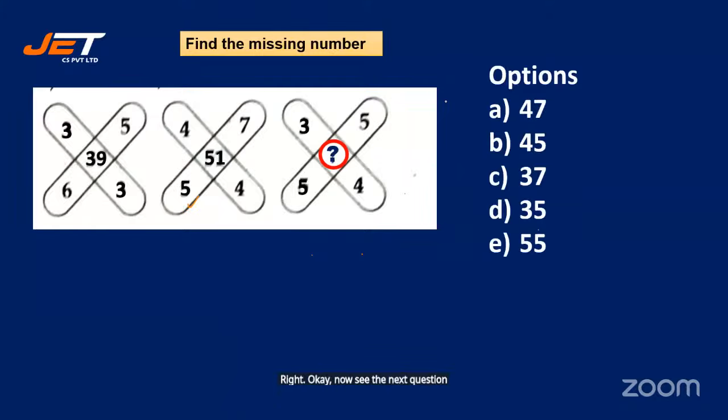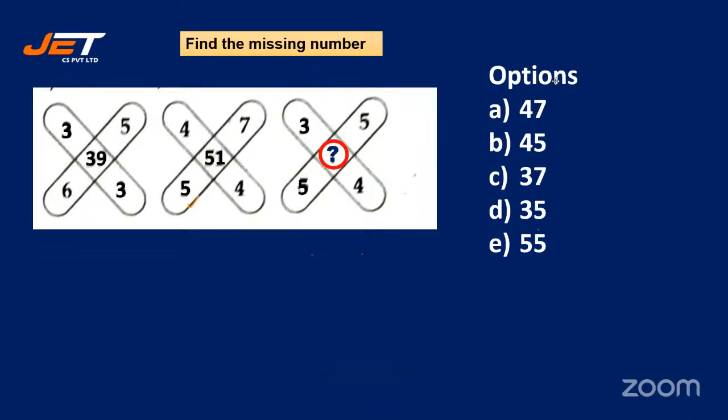We have 3, 5, 6, 3, 39, 4, 7, 5, 4, 51, 3, 5, 5, 4 dash. Okay. So somehow try to find out the relation. Your target must be the center number. How to arrive at the center number. How they have arrived. Right.